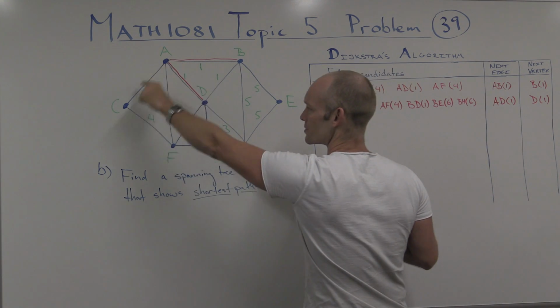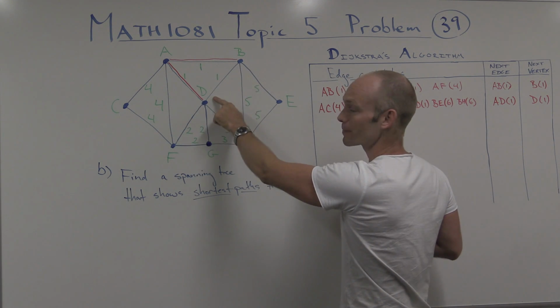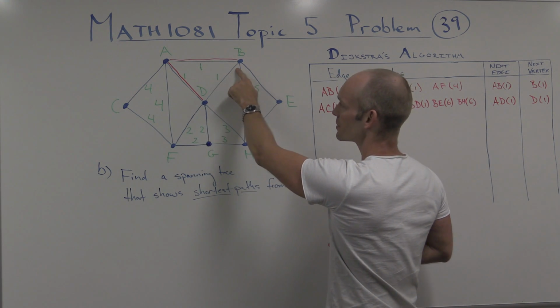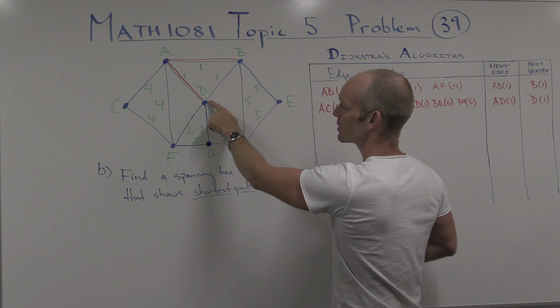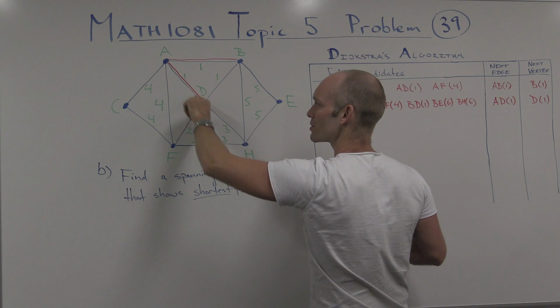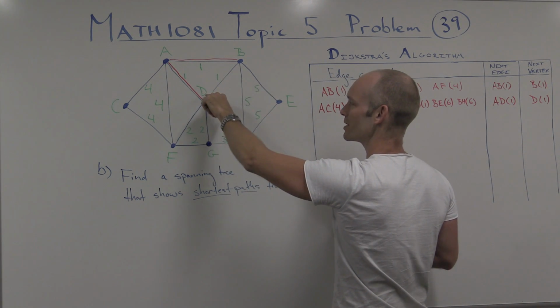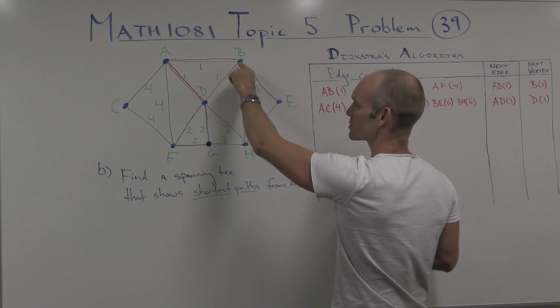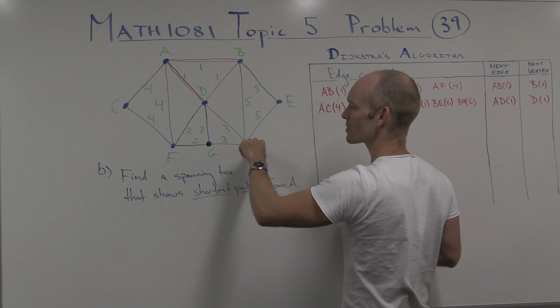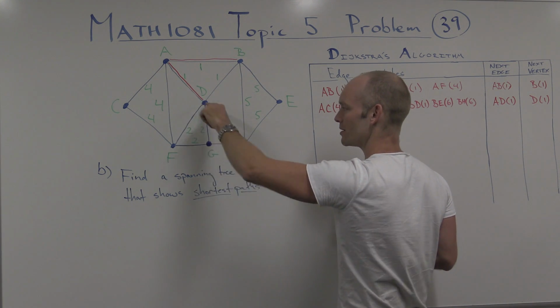So we have A to C, A to F, B to, well, not B to D, because if we tried to add this B to D edge, then we wouldn't be adding a new vertex. We've already found the shortest path from A to D, so we don't care about getting to D anymore, so we ignore that. So we can have B to E, B to H, and then also the edges from D to F, G, and H.